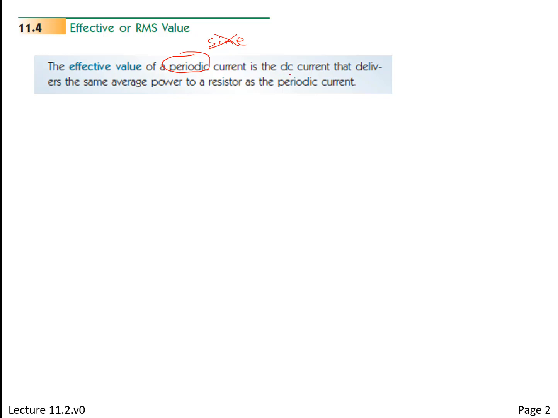So it's the DC current delivering the same average power to a resistor as a periodic current. Okay, so what this is trying to say is, what's the value of the current that's equal to the waveform if it was DC, right? So in simple terms, it's going to try to make the equivalent to a simple battery.